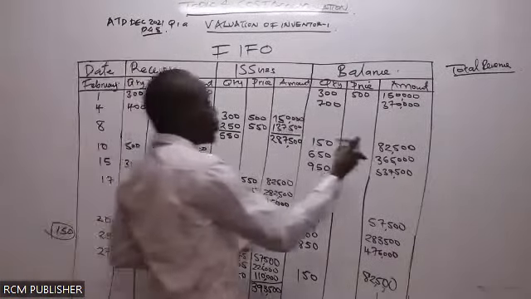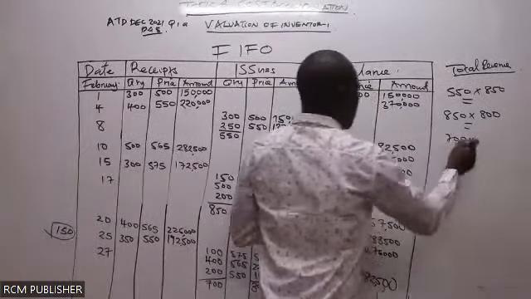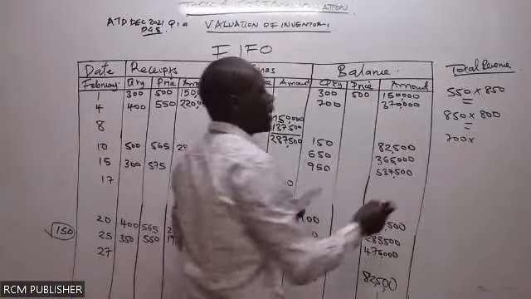Then another batch of 850 units were issued at what price? At 800. Then the last batch here is 700 being issued at what price? At 825.